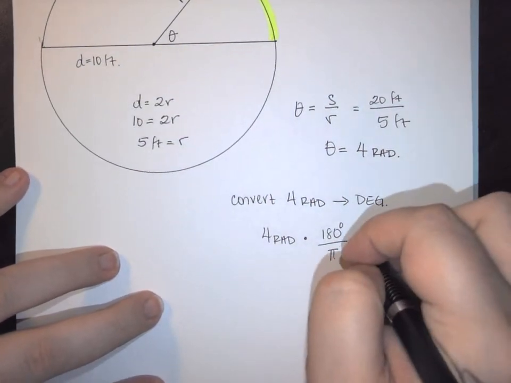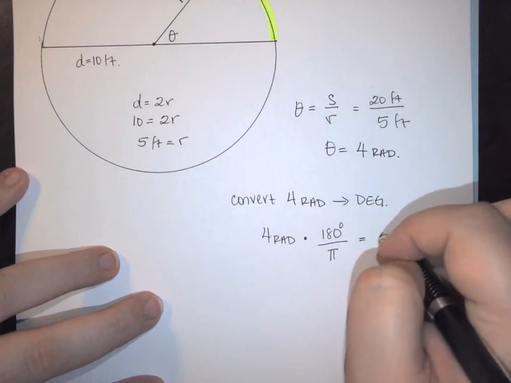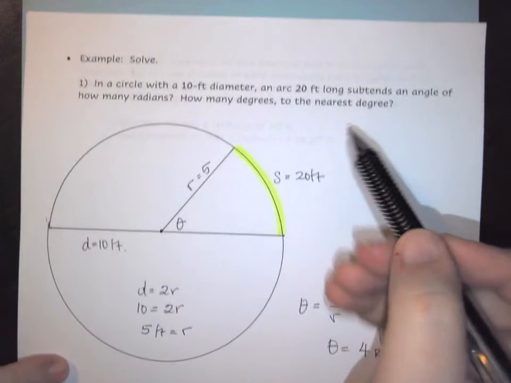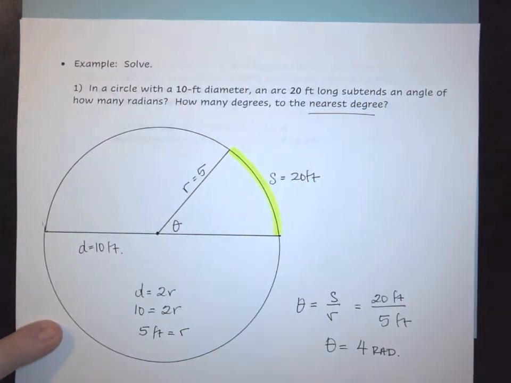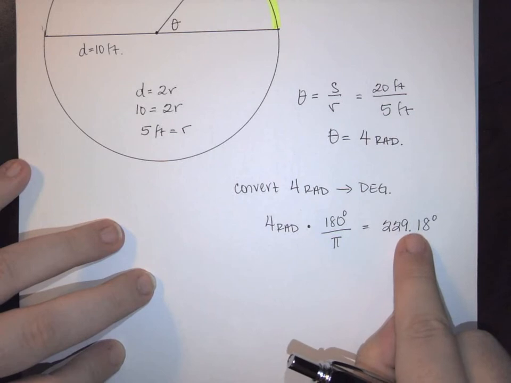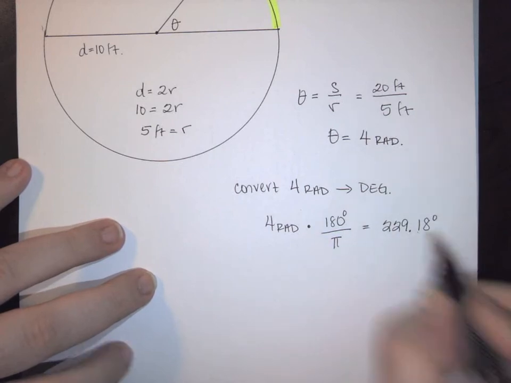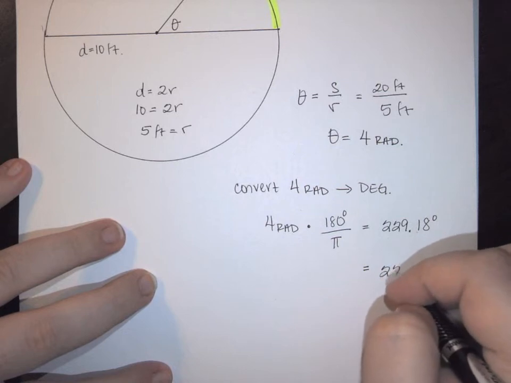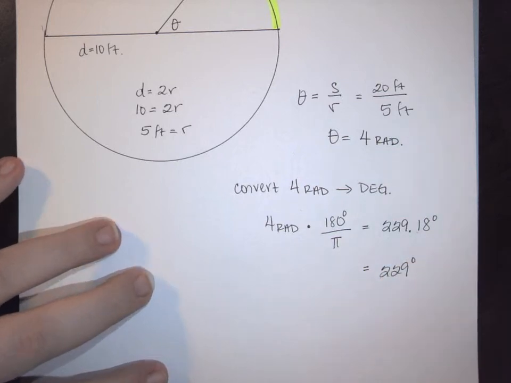In this case, you end up with 229.18 degrees, and if you look, this wants the nearest degree. So we're going to look at this, and on the other side of my decimal is a 1, therefore the nearest degree is going to be 229 degrees.